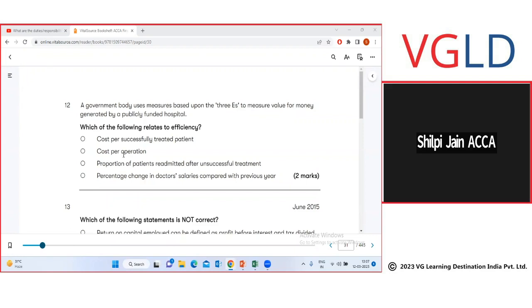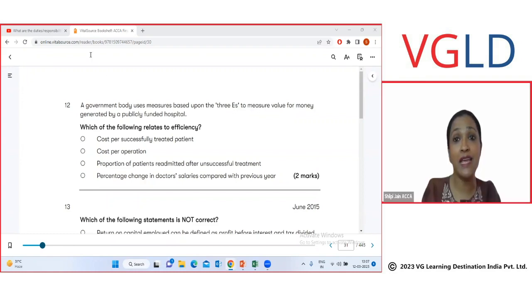Okay, so let's have a look at the question. A government body uses measures based upon the 3 E's to measure value for money generated by a publicly funded hospital. So which of the following relates to efficiency? Obviously, cost per successfully treated patient is going to tell you how efficient the hospital is in being able to treat the patient as well as keep the cost to a bare minimum.